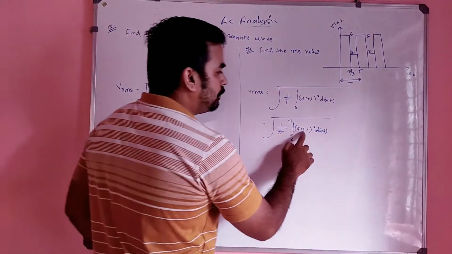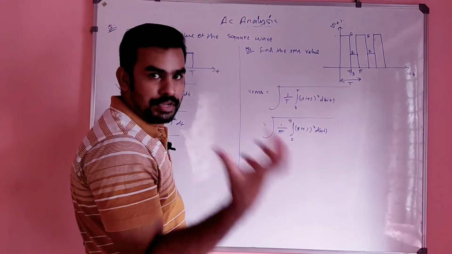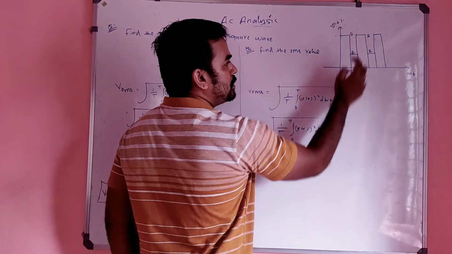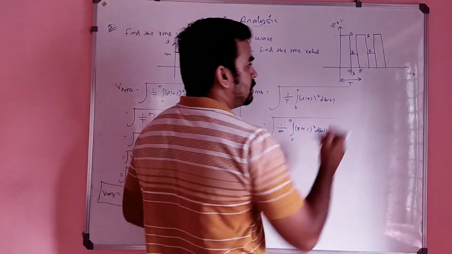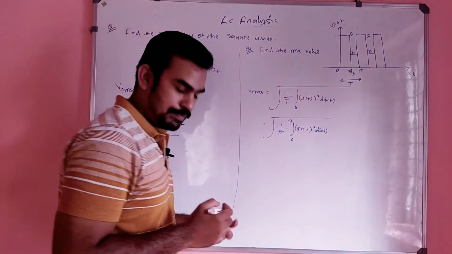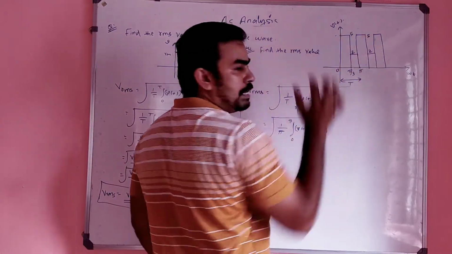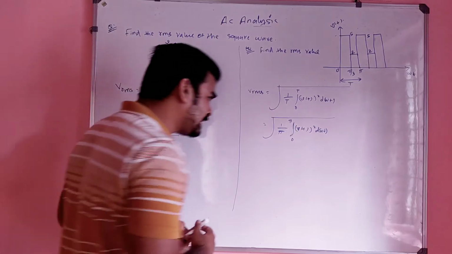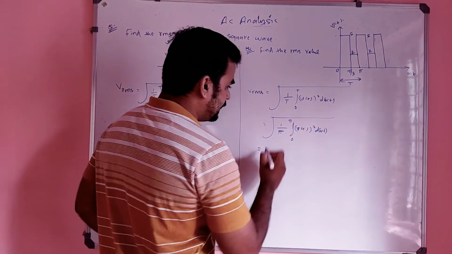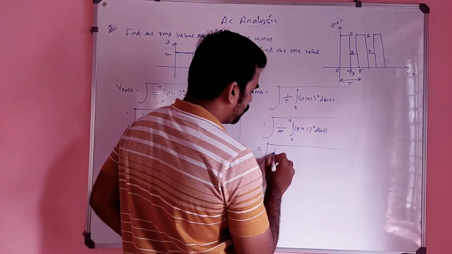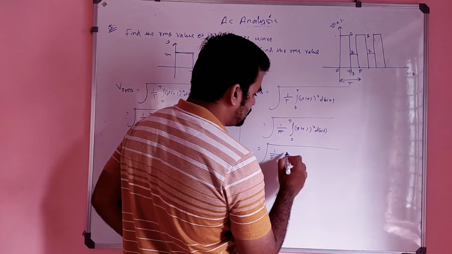See, this v of t has two types of waveform. One waveform is from 0 to pi by 3 having a magnitude of 5, and another waveform is from pi by 3 to pi having a magnitude of 2. So by basic integration principle, this integration can be split up. 1 by pi is common, there is no changing that.